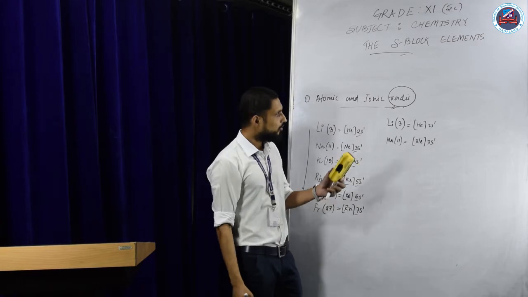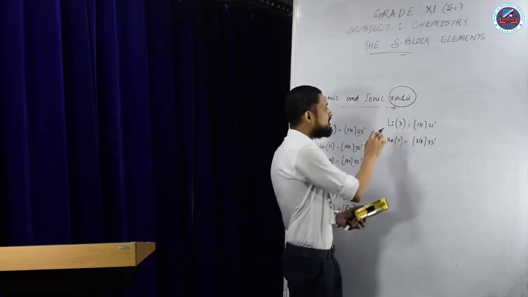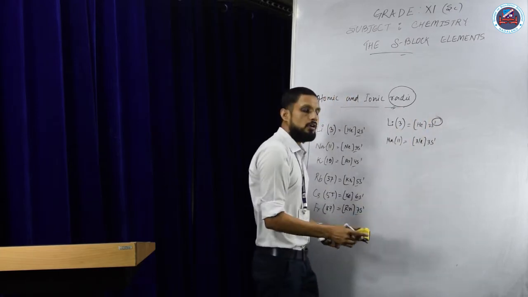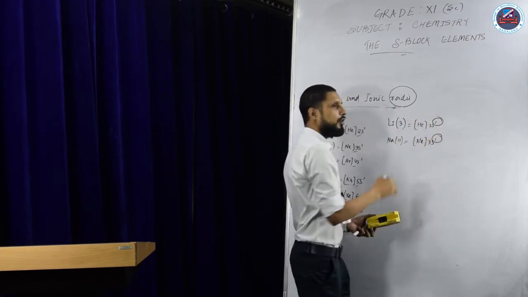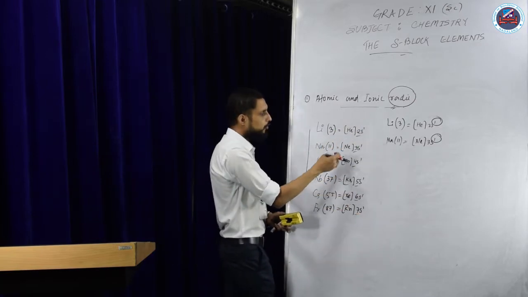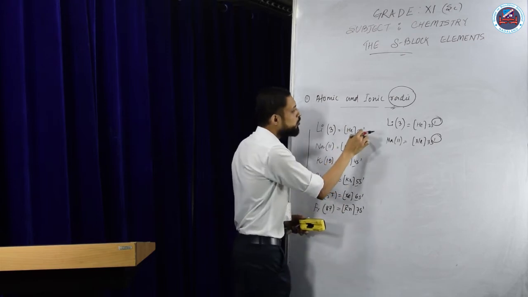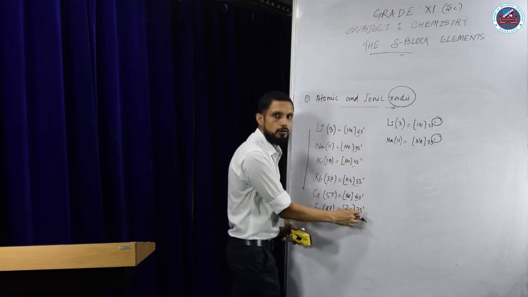Now in order to attain the nearest inert gas configuration, lithium needs to lose one electron. Sodium needs to lose one electron. So all the elements of group 1, in order to attain the nearest inert gas configuration, need to lose one electron.